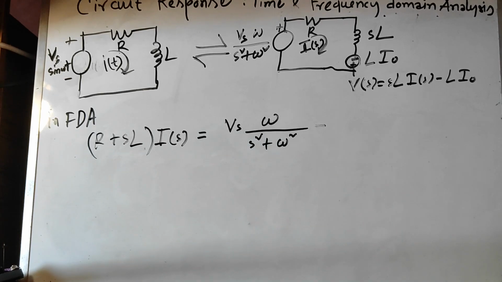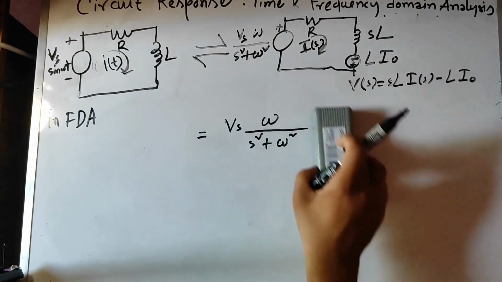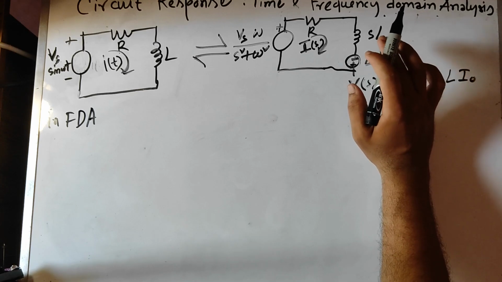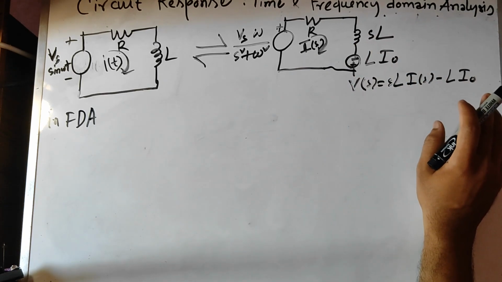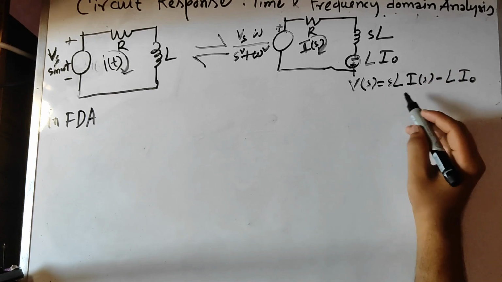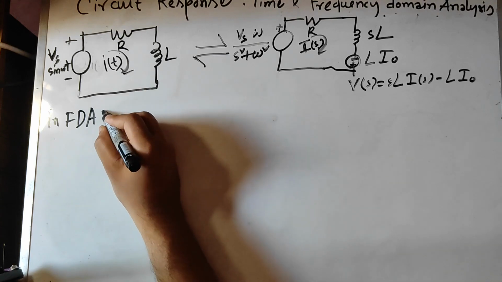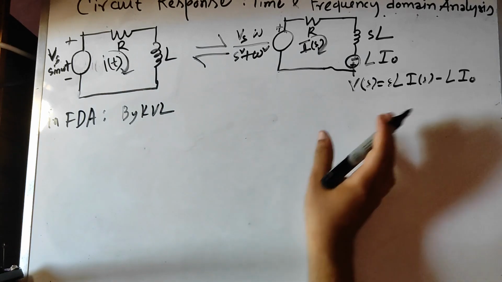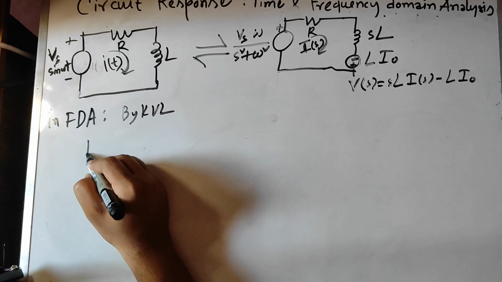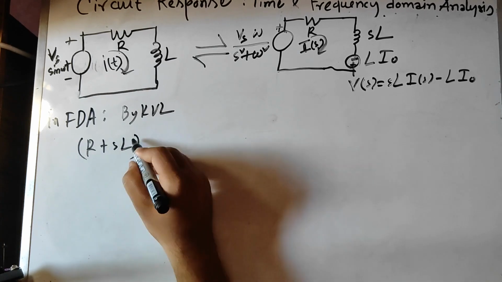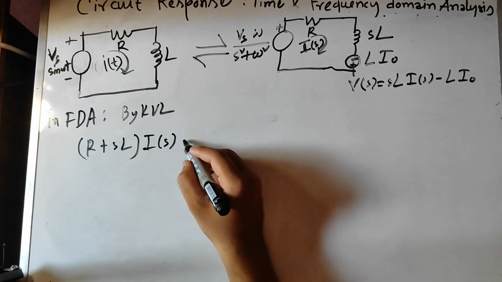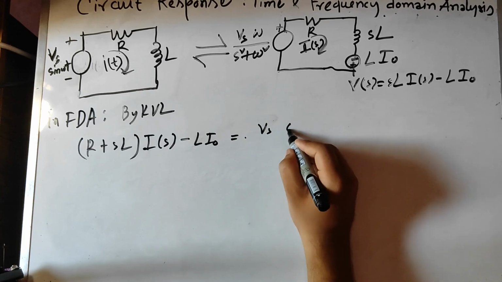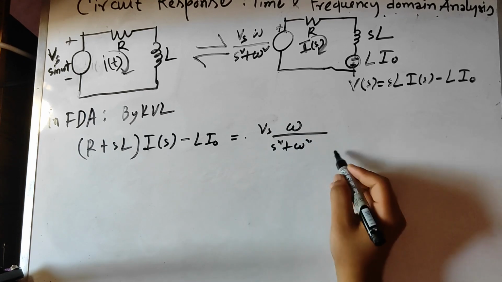So we're gonna put this in. For initial current in the inductor, when the Laplace transform is done, the voltage across the inductor gives Vs is SL I(s) minus L I0. So by KVL, the transformation will give the equation (R plus SL) I(s) minus L I0 equals Vs omega by s square plus omega square.